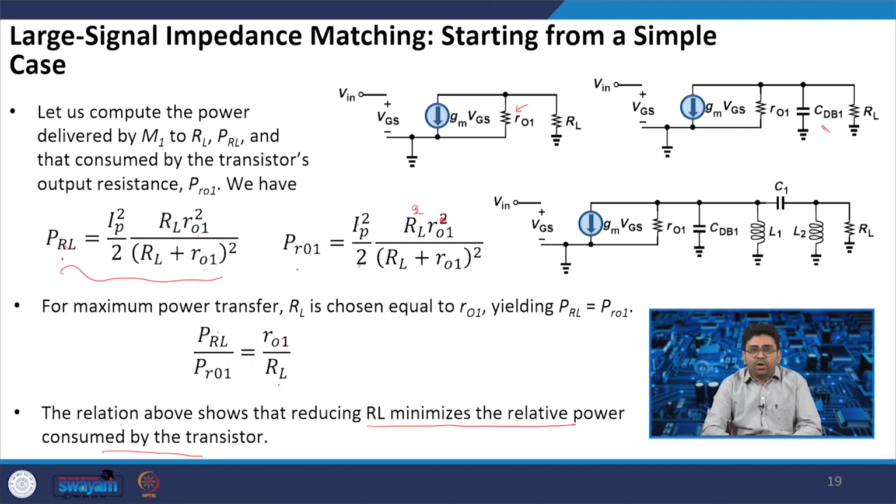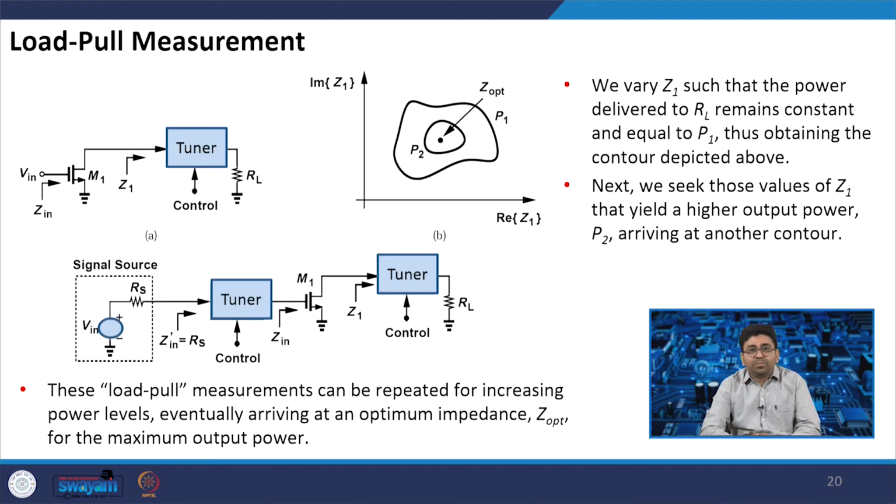In order to do that, we need to design a matching network that is properly tuned with its output and input impedance. For that we need load pull measurement, which is a widely used method in power amplifier design.